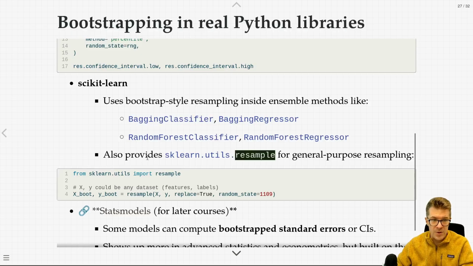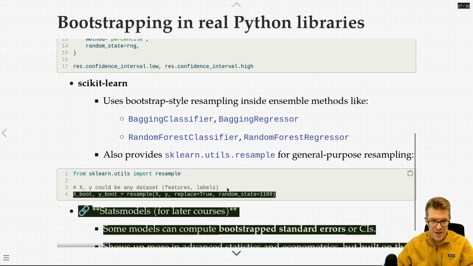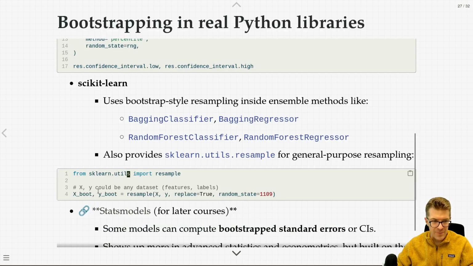It also provides this function sklearn.utils.resample that allows us to do general purpose resampling. And here it is. So you can look into it yourself. But given data X and its labels Y, you can resample these with replacement.